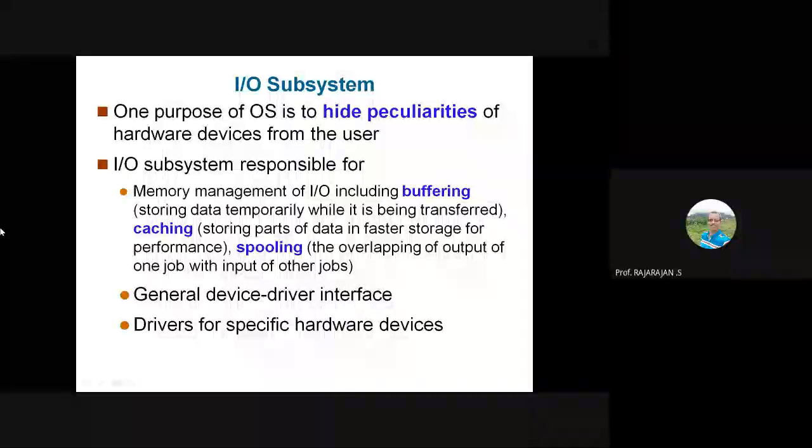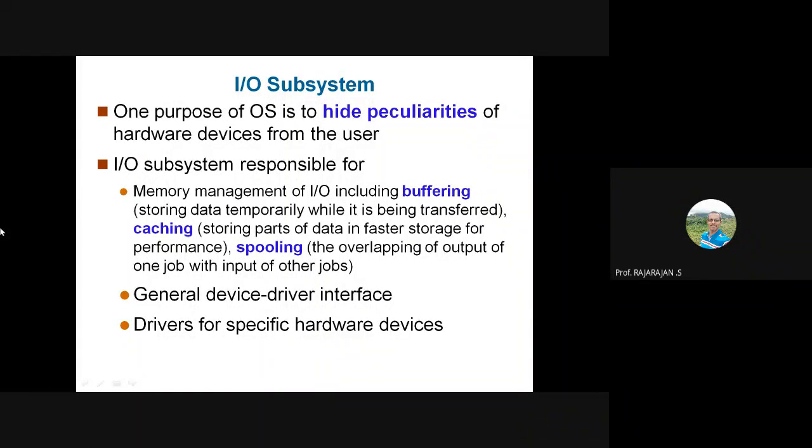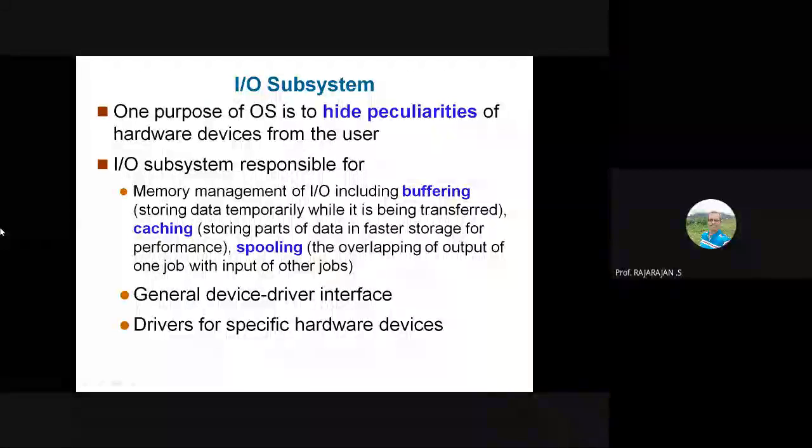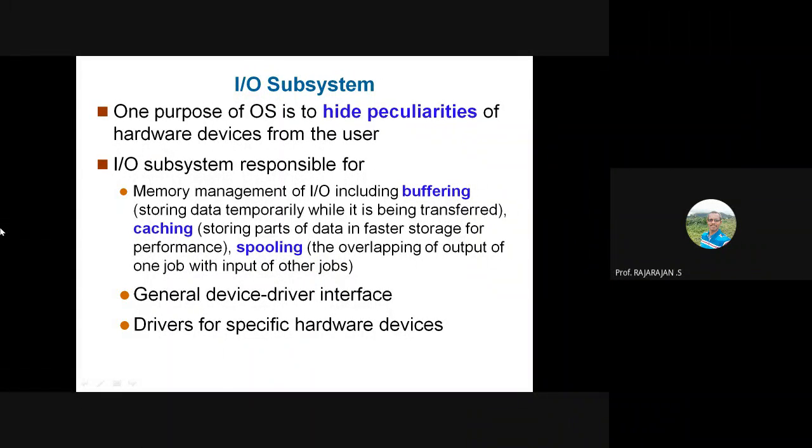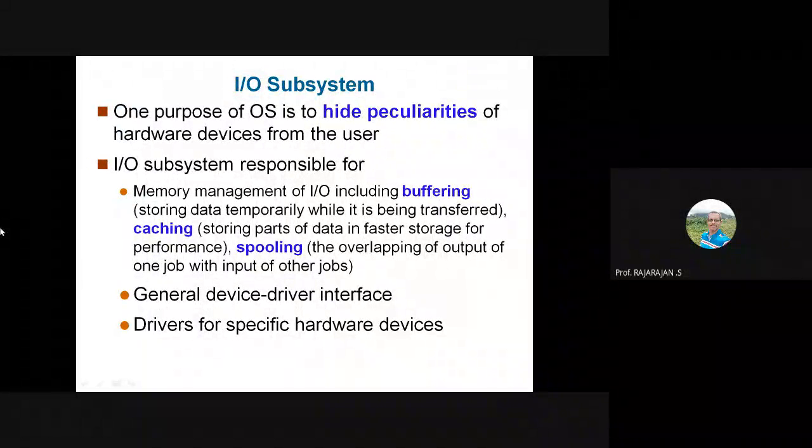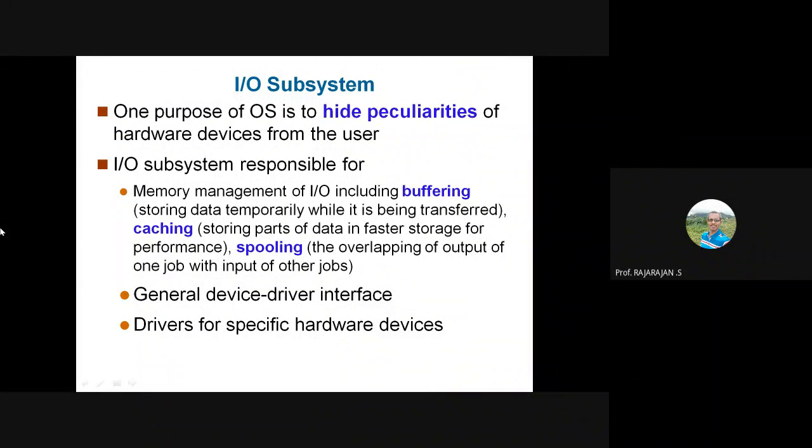The IO subsystem is responsible for memory management of IO, and here buffering is provided. Buffering is a portion of memory provided to compensate for the speed disparity between the device and the computer. That is elaborated in the buffering topic. And caching is also sometimes provided. When the same content is referred to more than once, time can be saved by storing it in a temporary area called a cache.